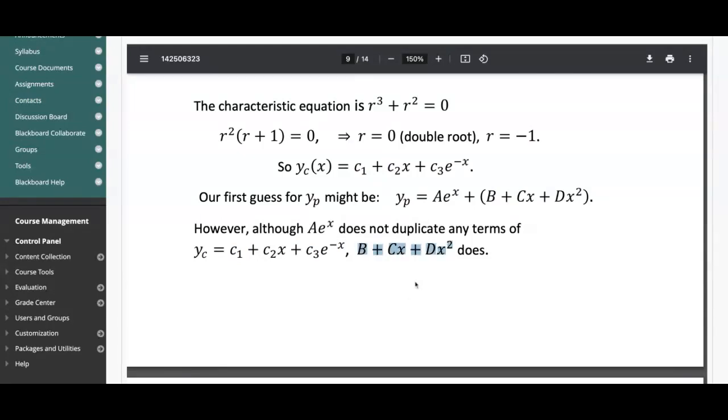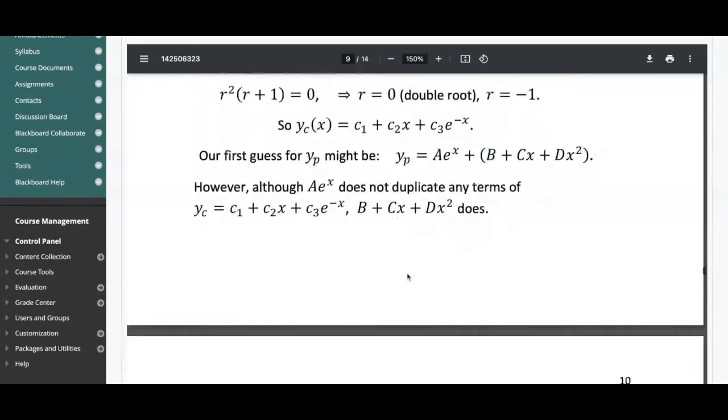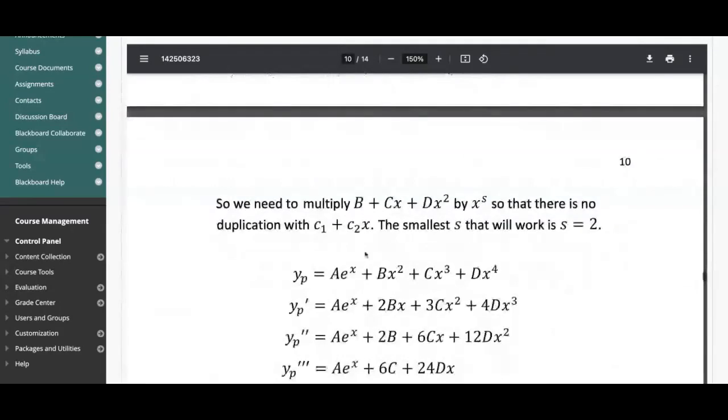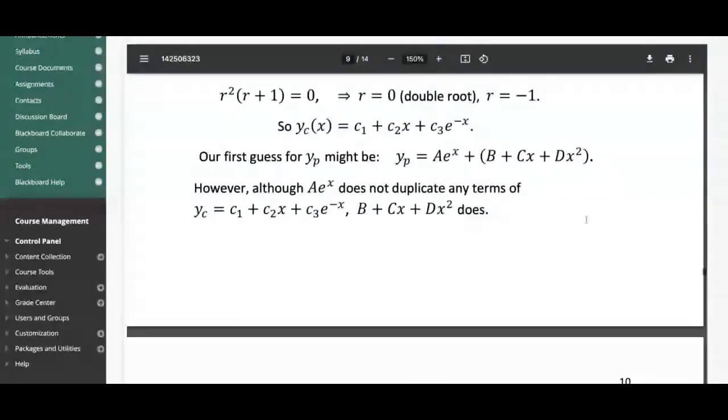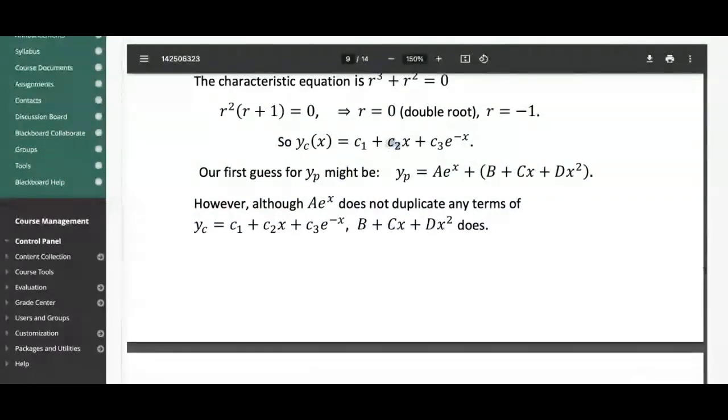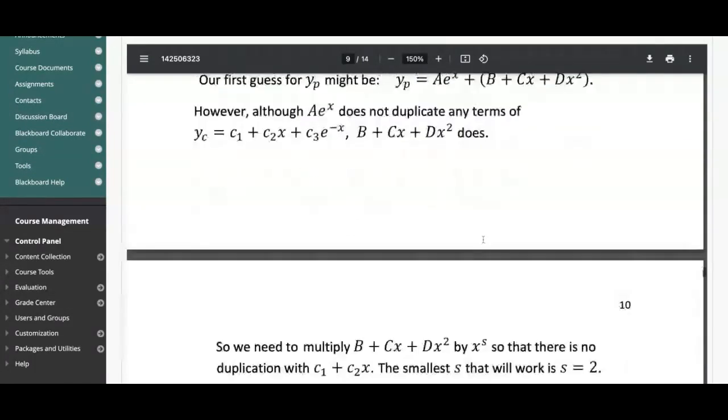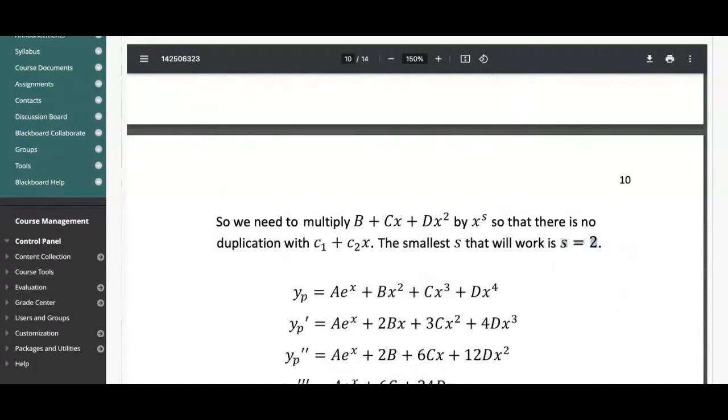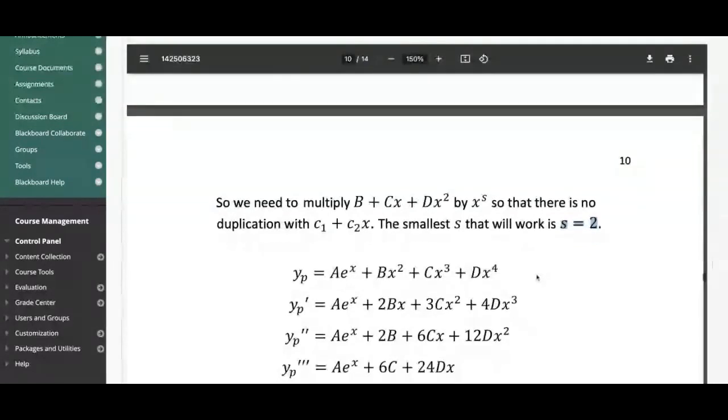So we need to multiply the polynomial part by x raised to s. In this case, s equals 2. Why? Because we only have x raised to the first power, so s equals 2, which is multiplied by x squared.